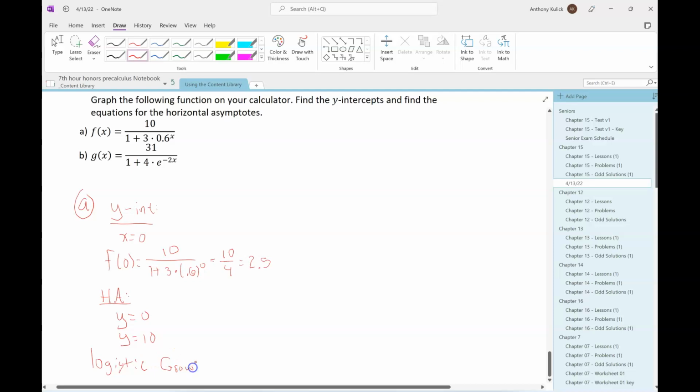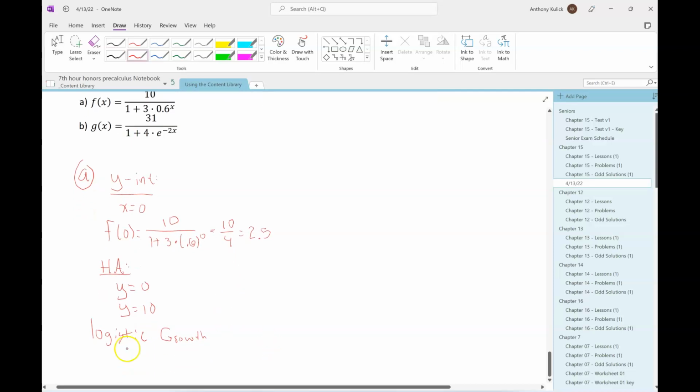This is growth. Since the b value is 0.6, that's between 0 and 1. So that was a bonus question there for us.